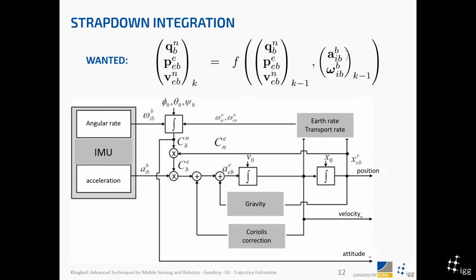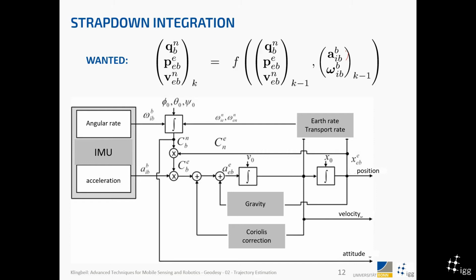These come because the rotating Earth on which we are now has to be considered in our integration process. Just as an example, if I put my angular rate sensors on a table and don't touch it, then it will measure the Earth's rotational rate.